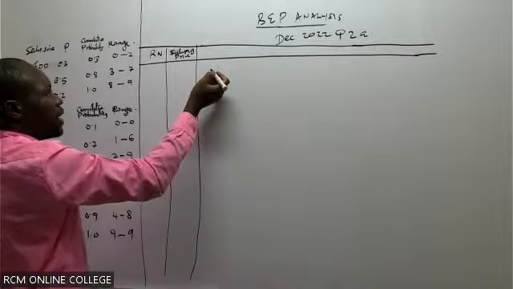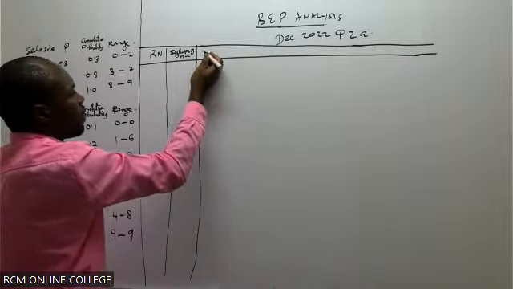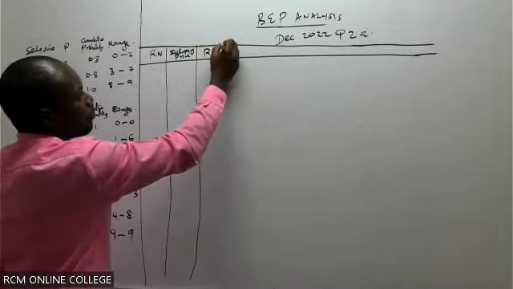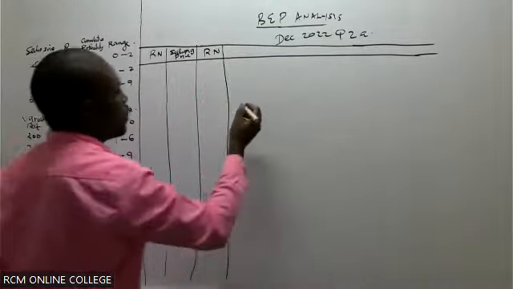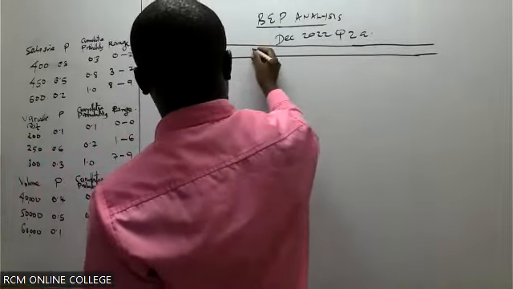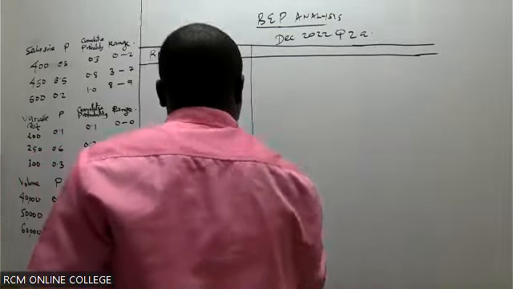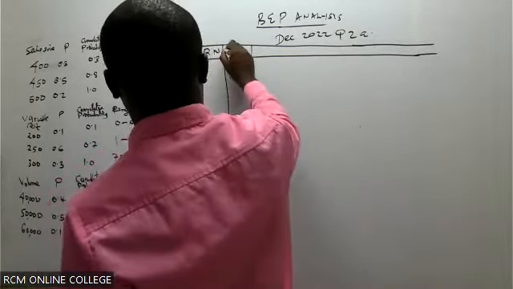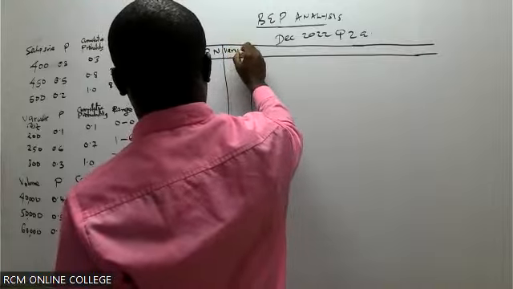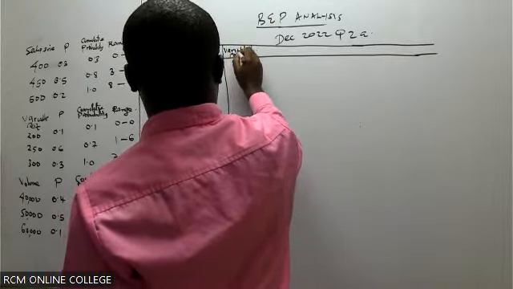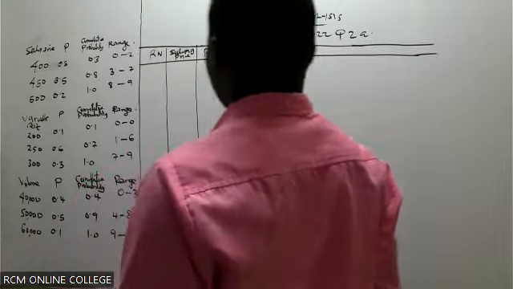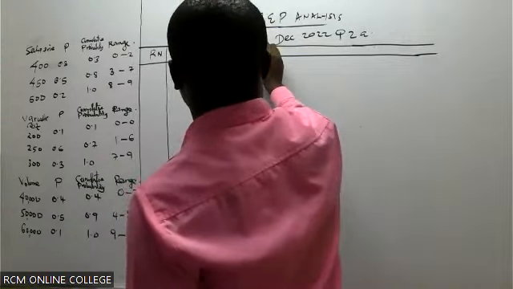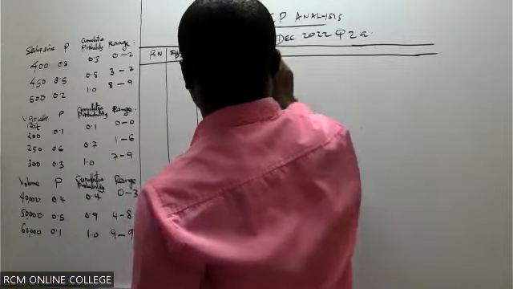So variable cost again is a changing item. So I need to come here and bring in the random numbers for the variable cost for me to be able to get the variable cost. So once I have the variable cost, I will come here and get contribution margin.